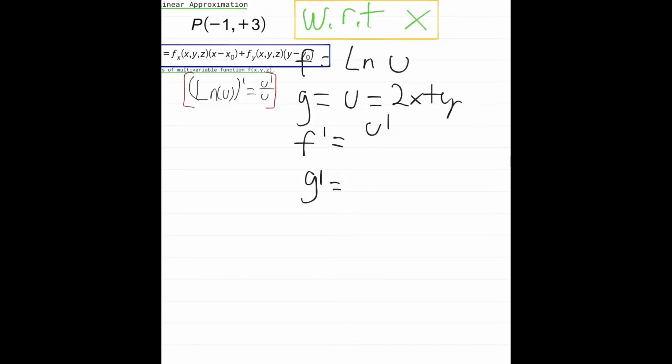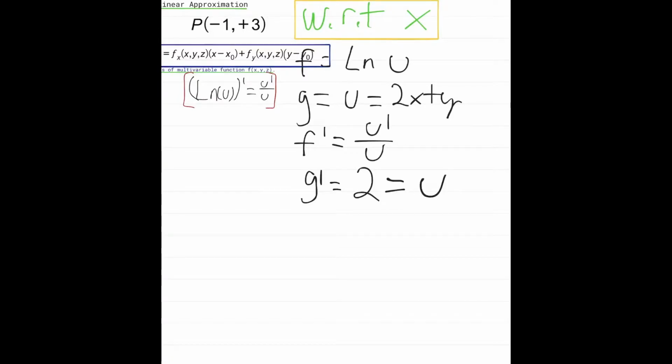So f prime is u prime over u, because the derivative of natural log is u prime over u. So g prime is the derivative of 2x plus y with respect to x. We take the derivative of 2x, which is just 2. The derivative of y, the constant y, is 0 because it's just a constant.